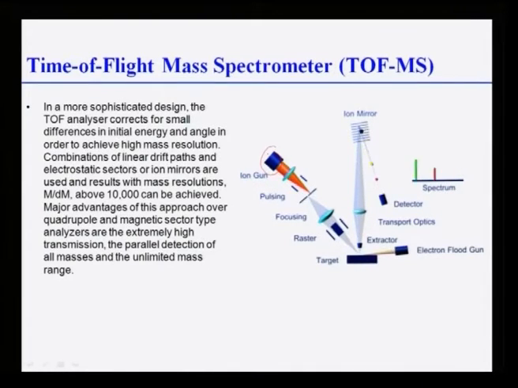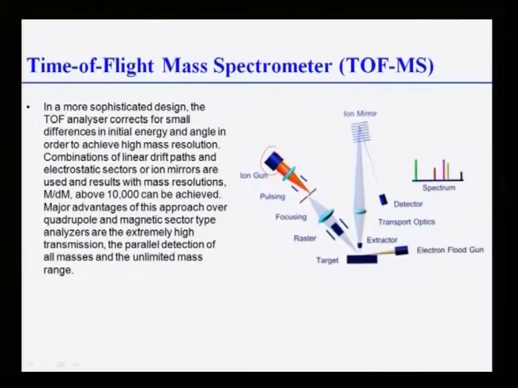It also allows the ions to be rastered like in an SEM, and once it falls on the target, it creates ions from the surface, and then it passes through this extractor which extracts the ions coming from the ionization due to the ion gun. That means we are creating secondary ions, and then basically the ion mirrors, which is nothing but a quadrupole detector or maybe a time of flight detector, separate the ions, and the detector detects and gives you the spectrum.